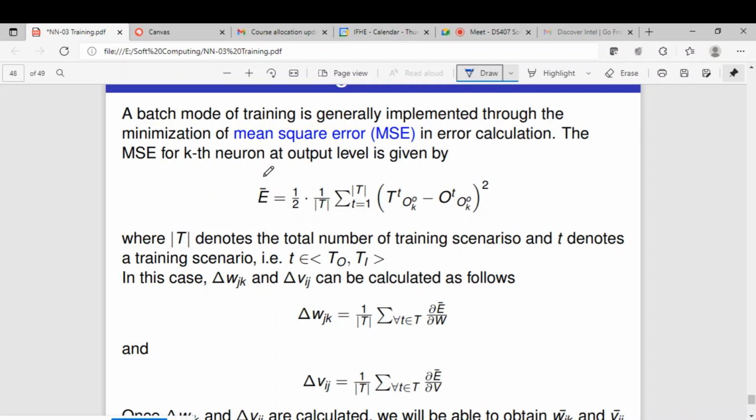So this is what we want to minimize, right? And then the back propagation, all these things will come as usual. Similarly, this del wjk is also, if you see, the derivative of error with respect to this w, and again this is a summation of all these things, right?